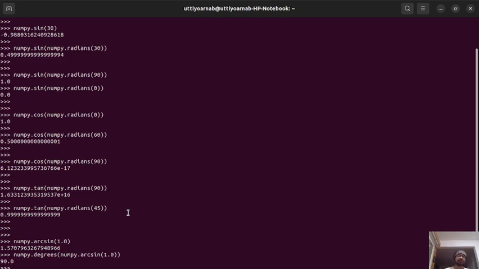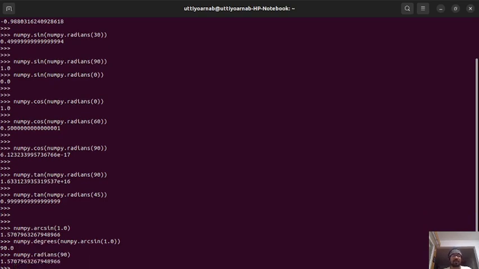Now you can check whether the previous value you got is the radian of this one. So let us write numpy.radians 90. You see, these two values are the same, so the result is given in radians and the argument must always be in radians.